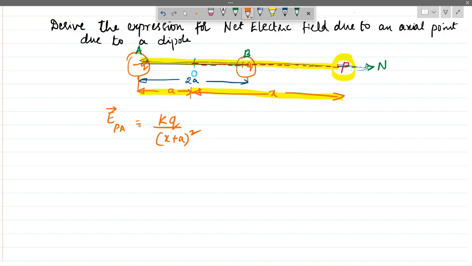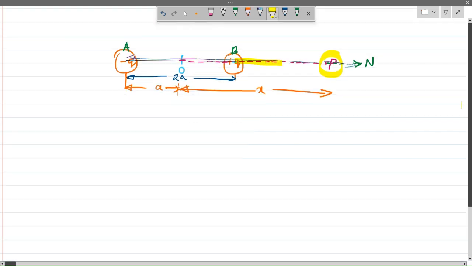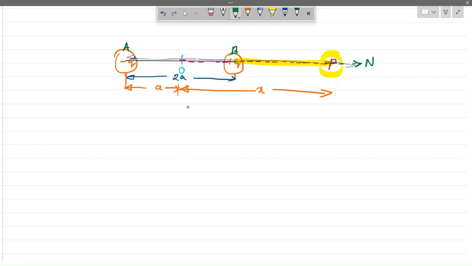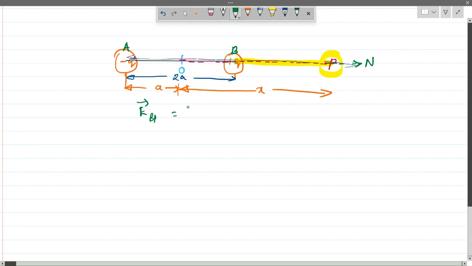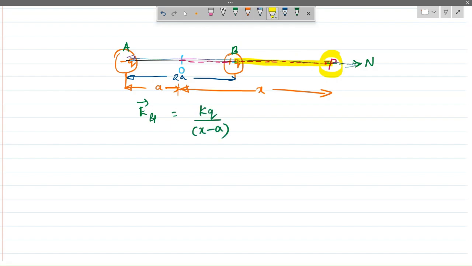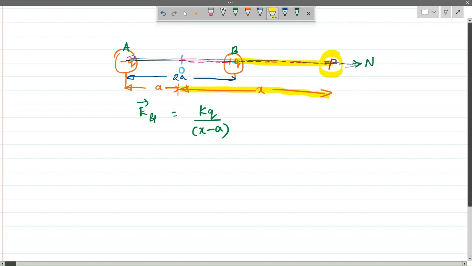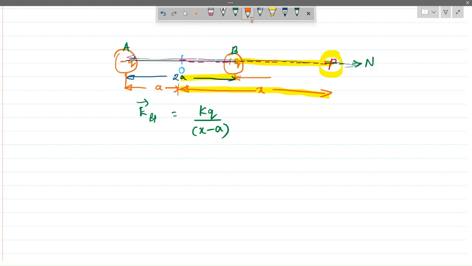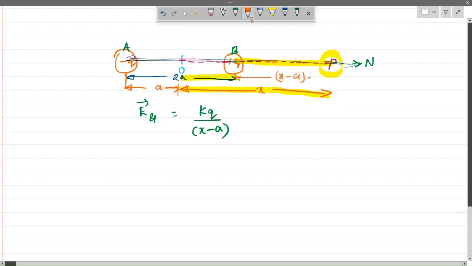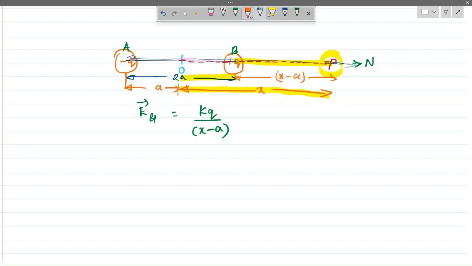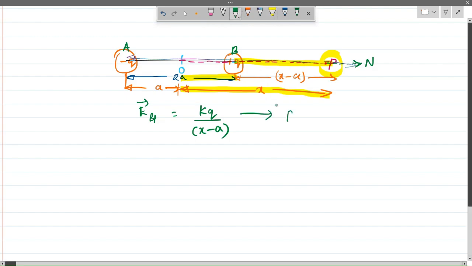This is acting along the direction PA. BP is acting in this direction, right? Therefore, the electric field due to BP is equal to KQ divided by x minus a the whole square, because this is the entire distance x and we have to subtract this distance a. So the distance from B to P is x minus a. It is acting along the PN direction.